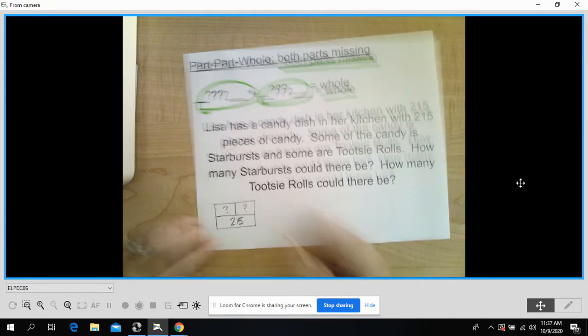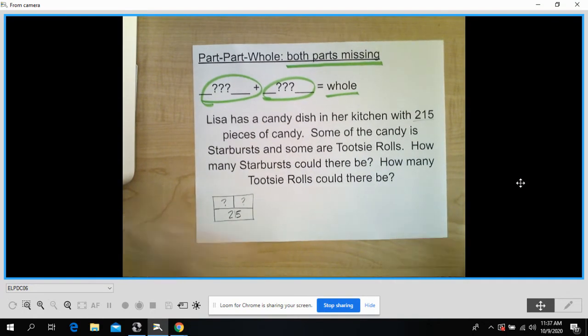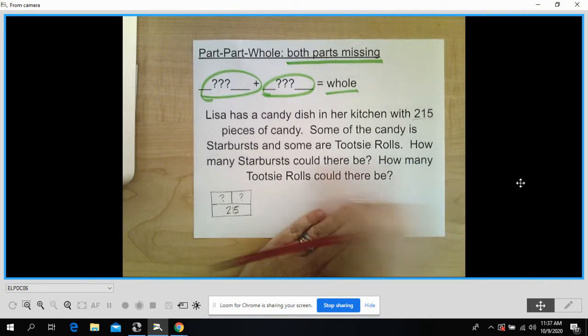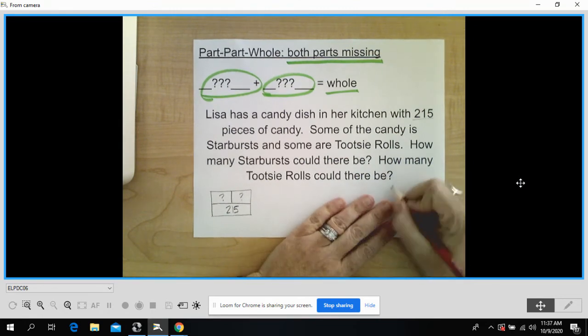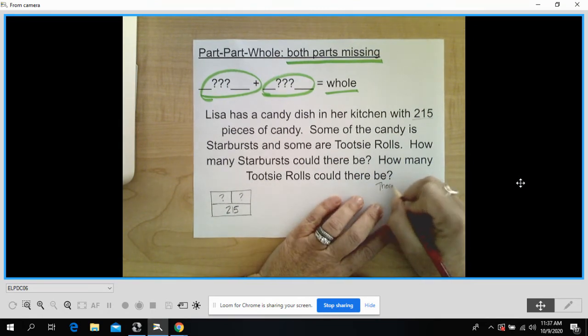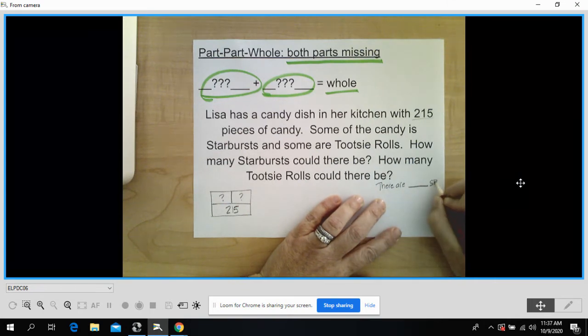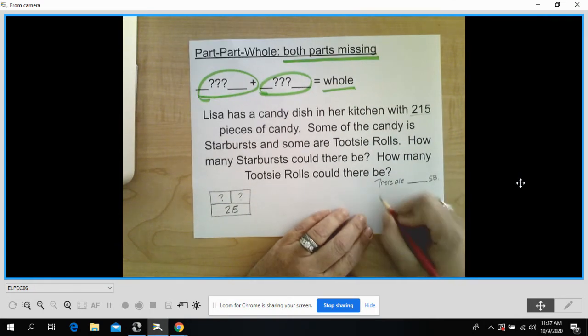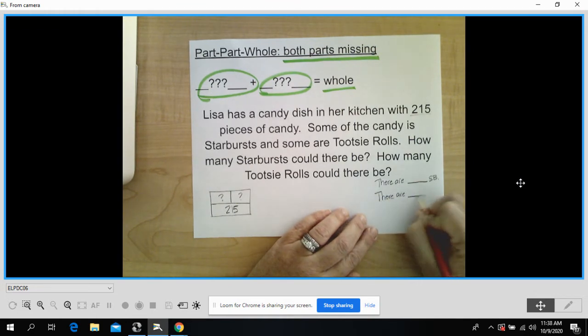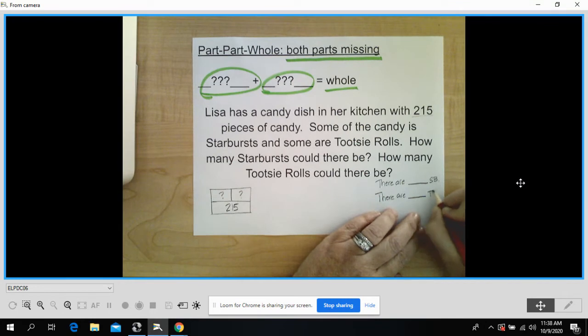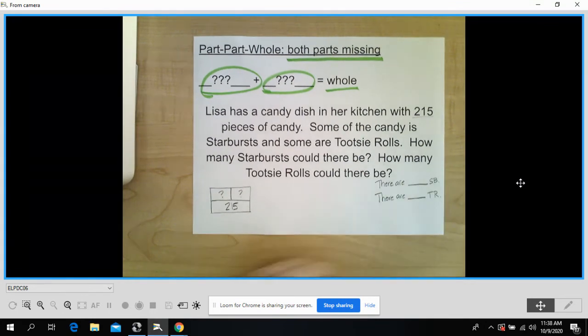So what could make 215? How could we answer this question? There are blank, and I'm just going to put SB for Starbursts, and there are blank TR for my Tootsie Rolls, okay?